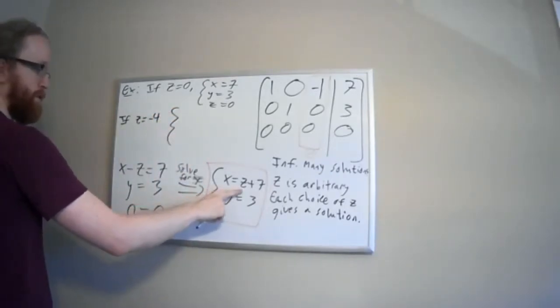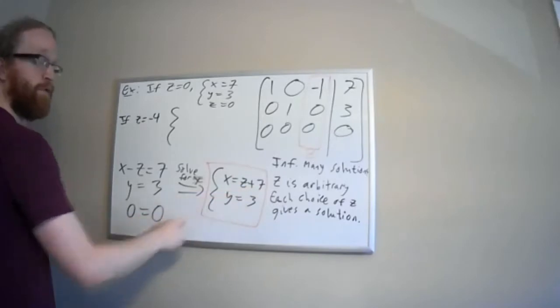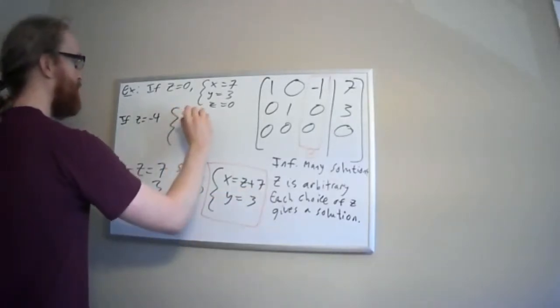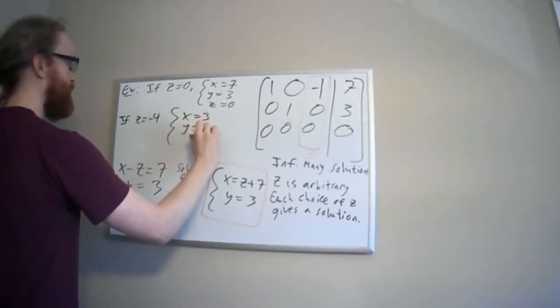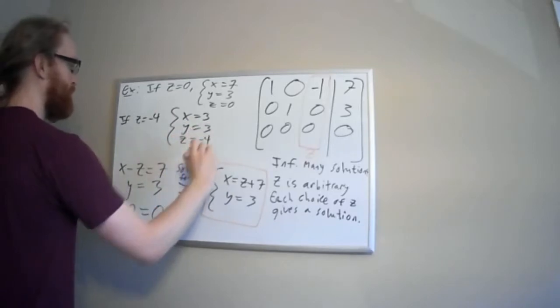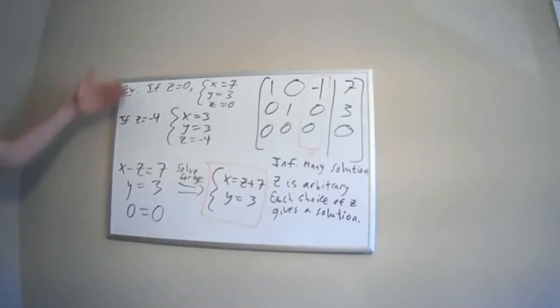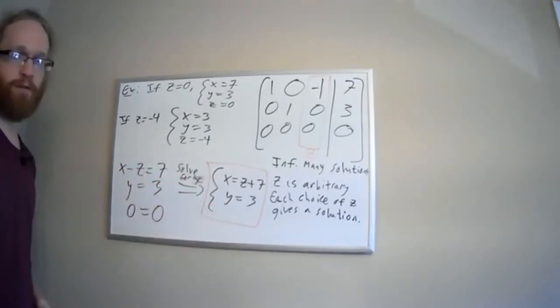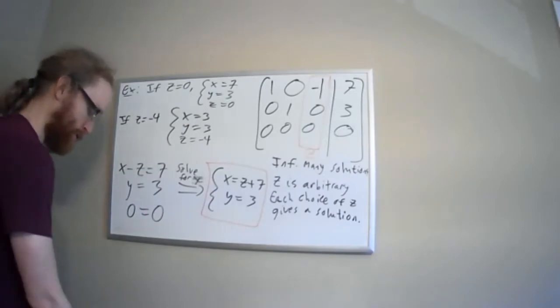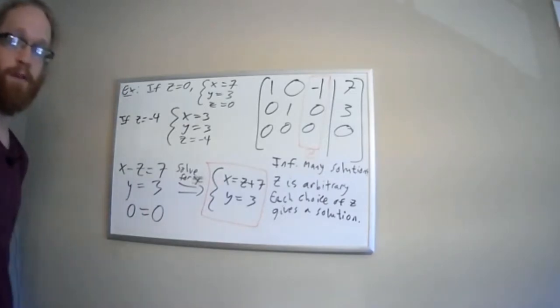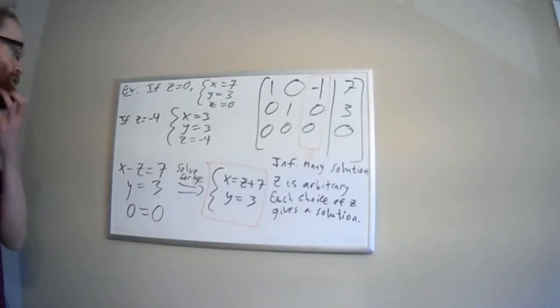If I plug in z is -4, that's -4 plus 7, that's 3. So x has to be 3. Y is still 3, and then z I said was -4. I can just keep choosing different values for z, and it'll tell me what x has to be. And then y is always 3 because I have this equation. So every choice of z determines the solution. So I have infinitely many solutions.